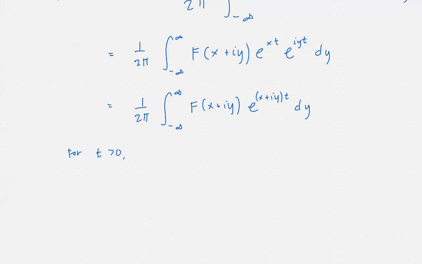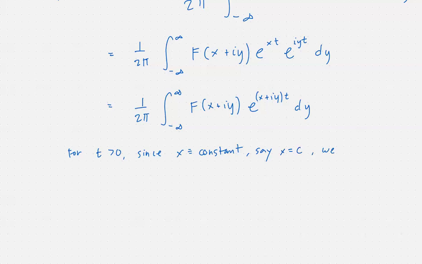So since x is some constant, let's say x is equal to some number c, then we can convert dz to dy.